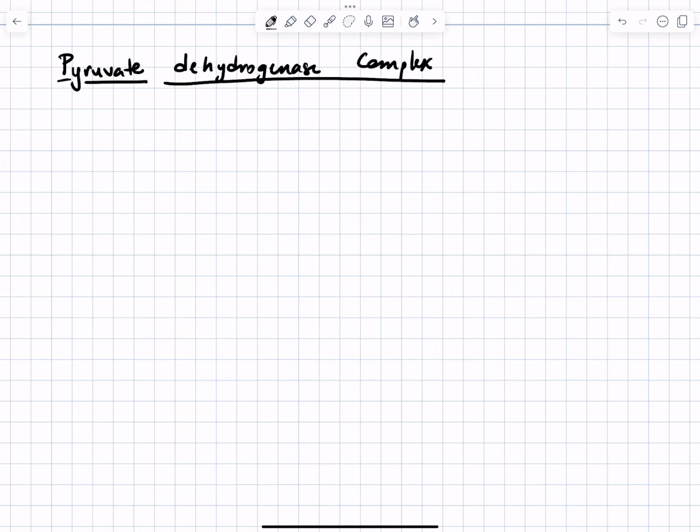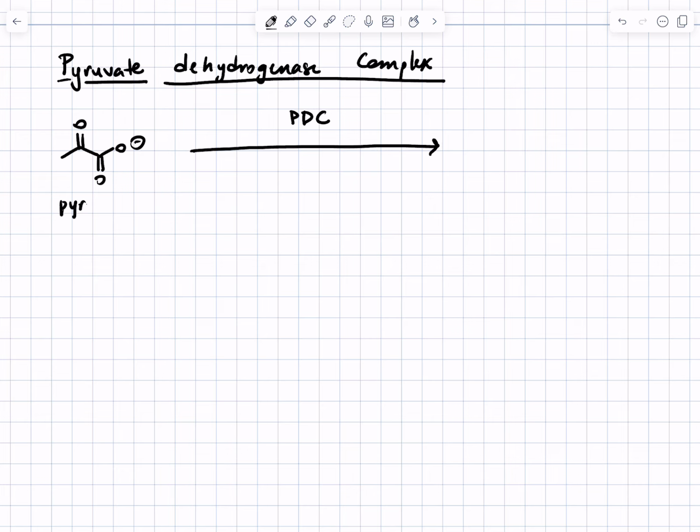Overall, in this reaction, you'll start with pyruvate. And we'll call this the pyruvate dehydrogenase complex, or PDC. That's a U there.